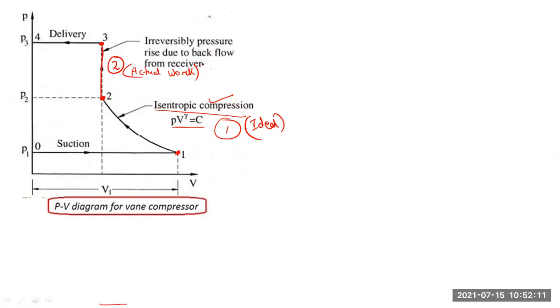Okay, now keeping this in mind, we are going to evaluate the efficiency of this van type compressor.